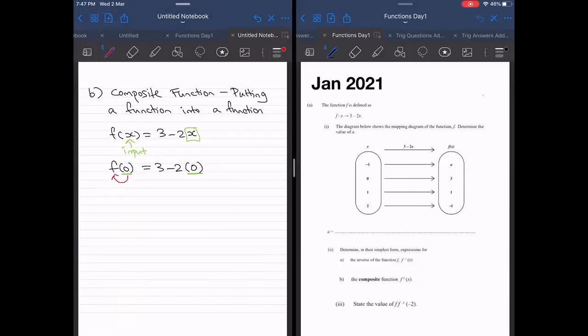When we had f of 0, the idea is that we were putting 0 in.